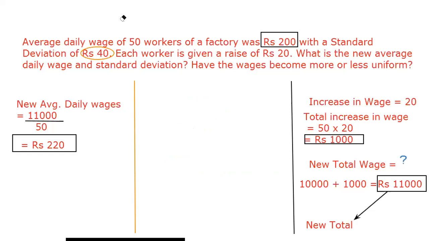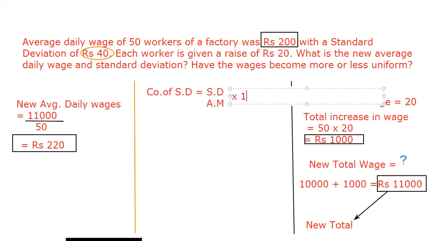Okay, so here we know very well the coefficient of SD is equal to what? SD divided by arithmetic mean into 100, right? So we are very well aware of this formula.